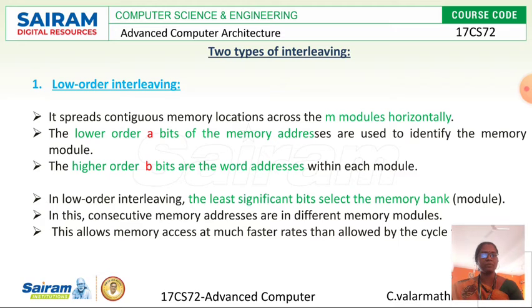If you take a main memory address, it consists of two fields: one is the module address, another is the word address. In low order interleaving, the LSBs, the least significant bits, are used for representing the memory module address, and the highest b bits are used for representing the word address. In that way the representation is different.